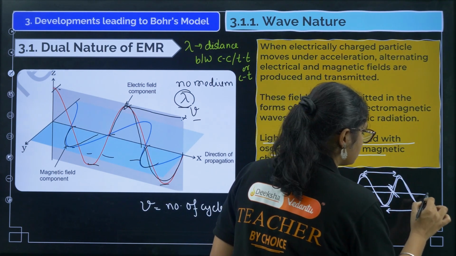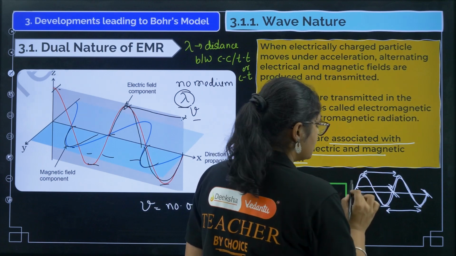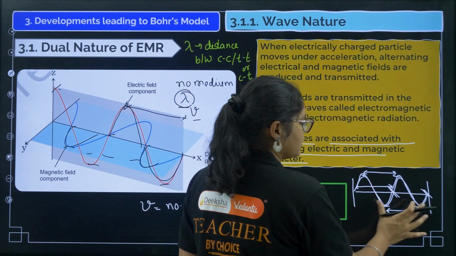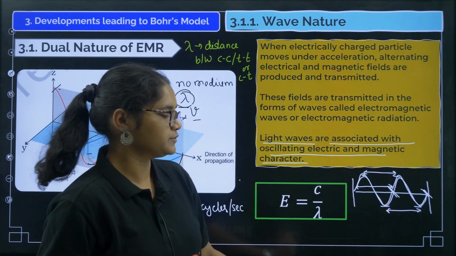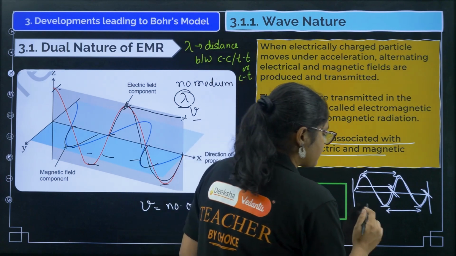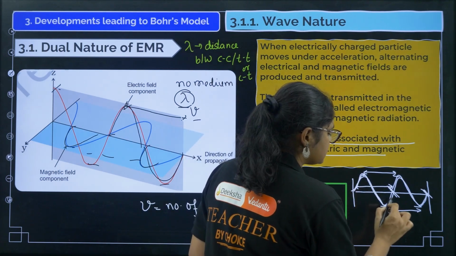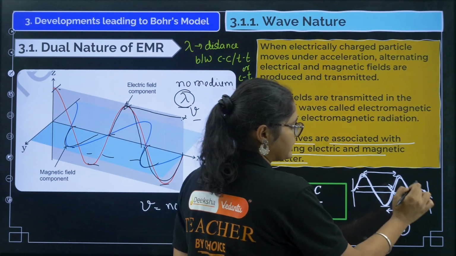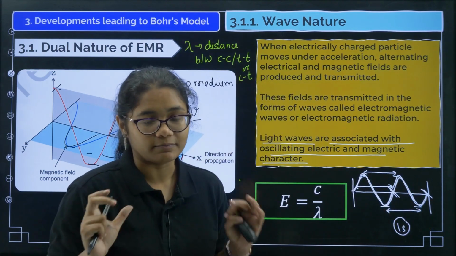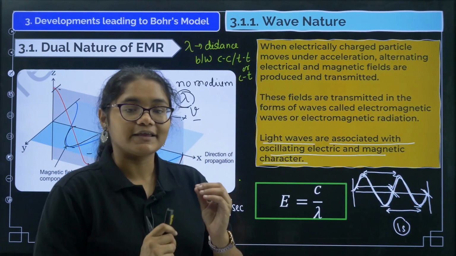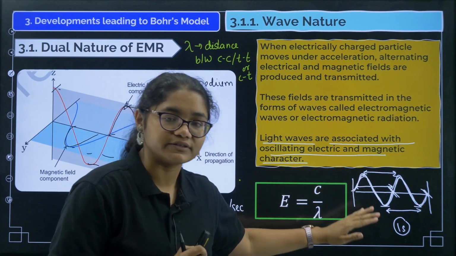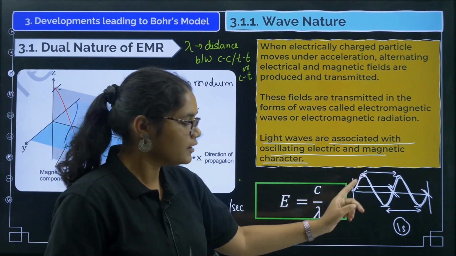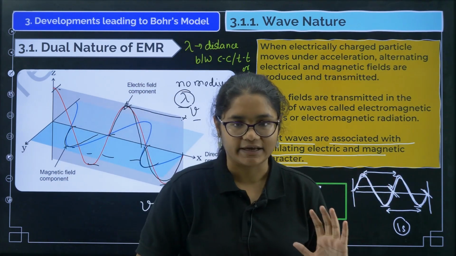Suppose one wave completes this much distance in 1 second, then how many cycles have been completed? 2 cycles. So the frequency of this wave is 2, meaning 2 cycles completed per second.